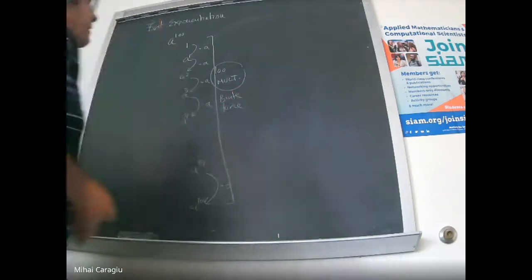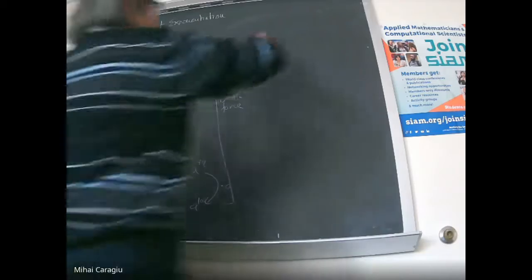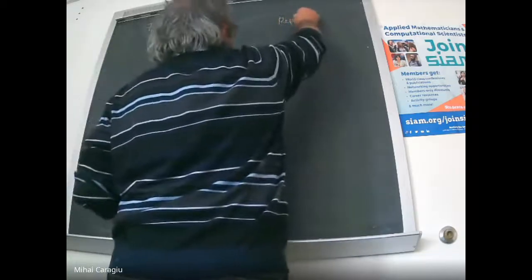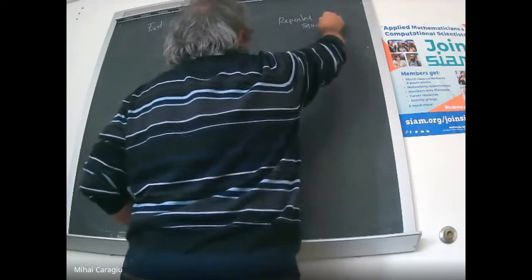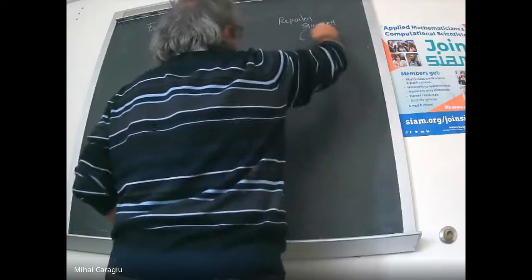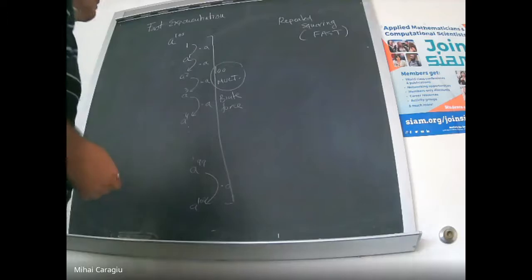What about the idea of fast exponentiation, or repeated squaring? Repeated squaring is the fast version. Let's start with a.